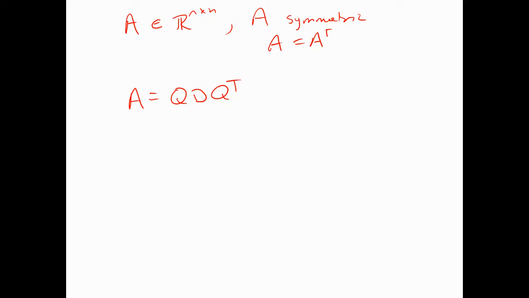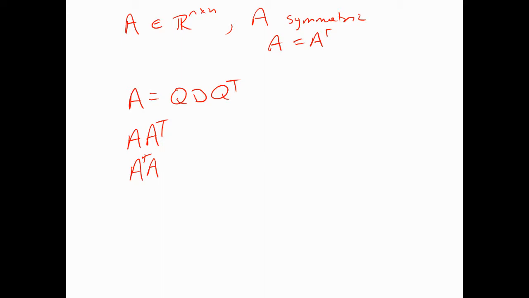Now, if A is just an arbitrary symmetric matrix, there's no guarantee that the entries of D are non-negative. They can be positive, negative, or equal to 0, because it's just an arbitrary symmetric matrix with an arbitrary set of eigenvectors and eigenvalues. What we just showed is that the eigenvectors of A A transpose and the eigenvectors of A transpose A give us the singular value decomposition.